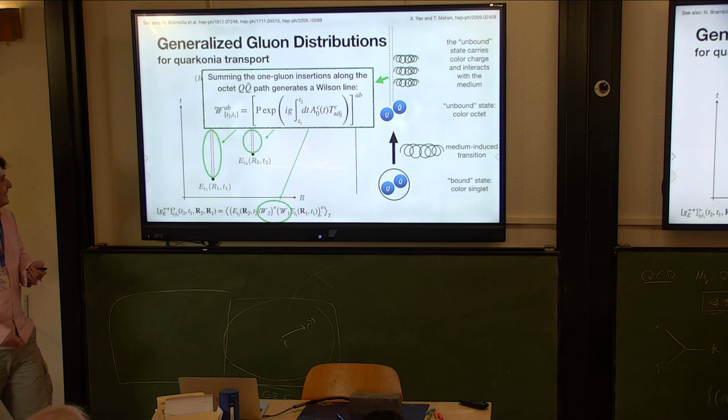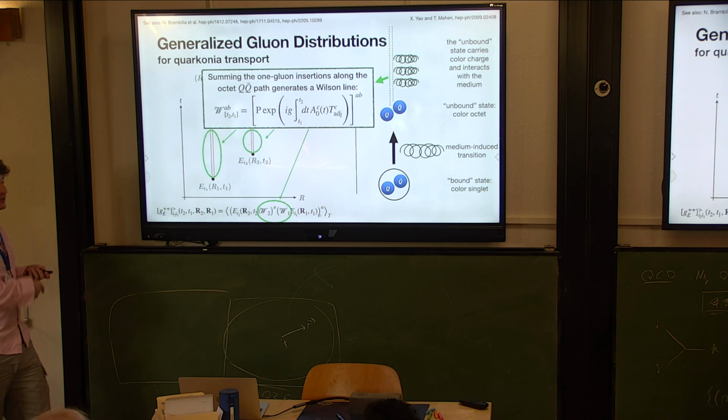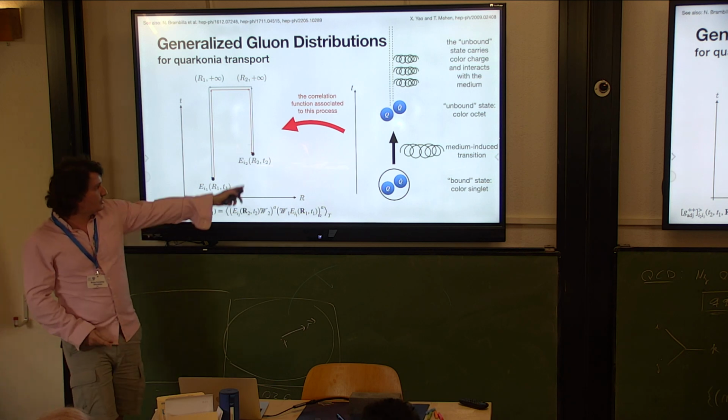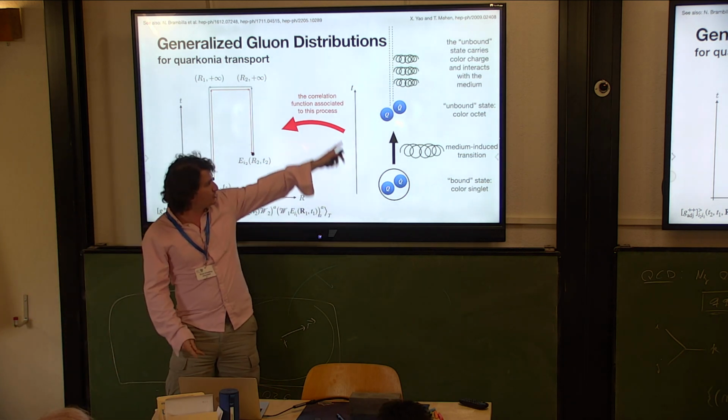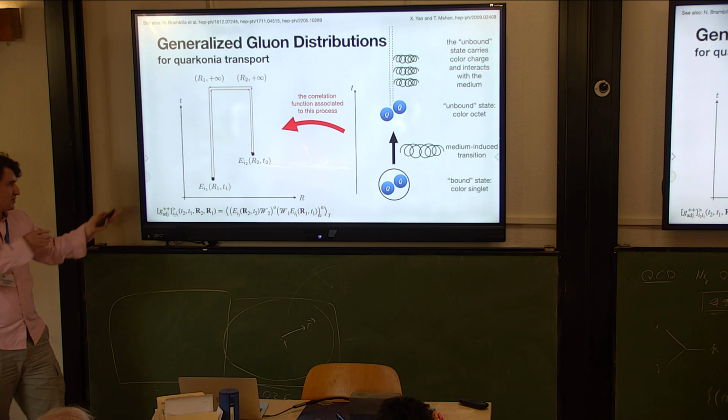As a nice side product, they give you a gauge invariant observable that you can calculate in principle on the lattice. In practice, you have to deal with problems that I'll not go into today if you want to do that. But at the end of the day, if you look at this as an amplitude, what this is essentially is the absolute value squared, which you have to write in terms of a correlation function.